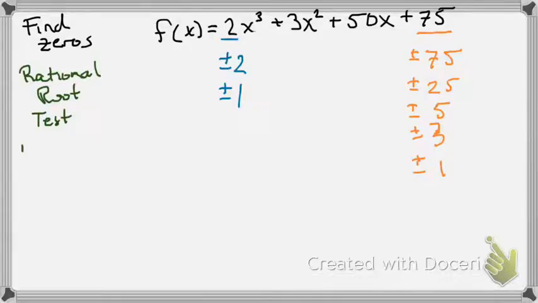So we're going to get positive and negative 75 halves, positive and negative 25 halves, positive and negative 5 halves, positive and negative 3 halves, positive and negative 1 half.